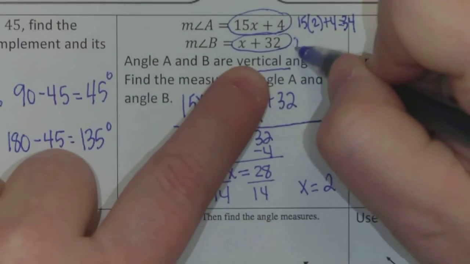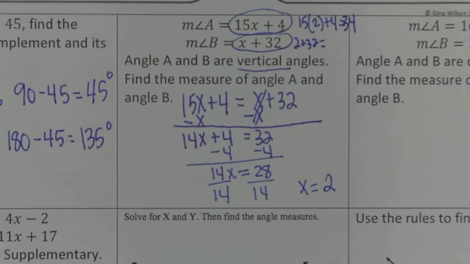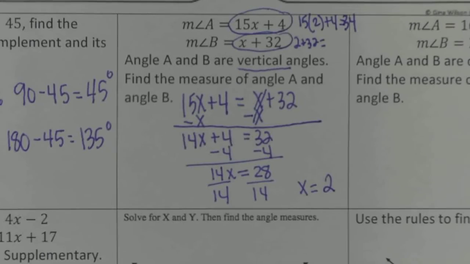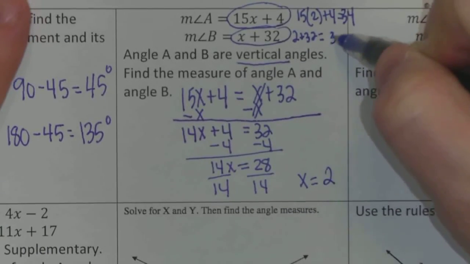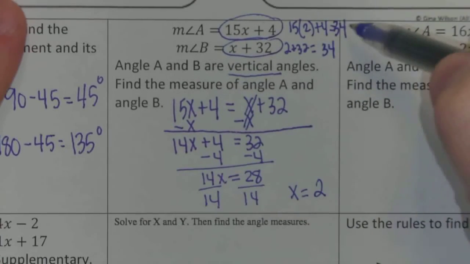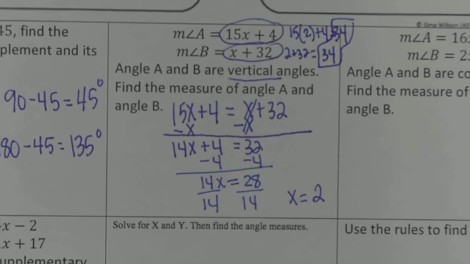And then 2 plus 32? 2 plus 32 is 34. Now here's the big idea behind this. I know I did that right because those were vertical angles, and what had to happen? They had to be equal to each other. Okay, so 34 and 34 for my 2 angles.